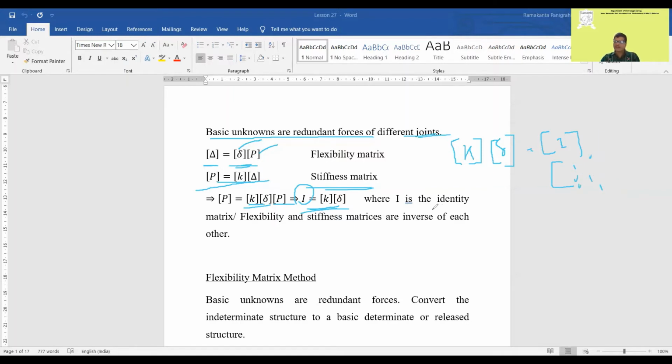So if you know the stiffness matrix, you can find the flexibility matrix, and if you know the flexibility matrix, you can find the stiffness matrix. One is the inverse of the other. So now let us come to the flexibility matrix method and how to solve the problem.